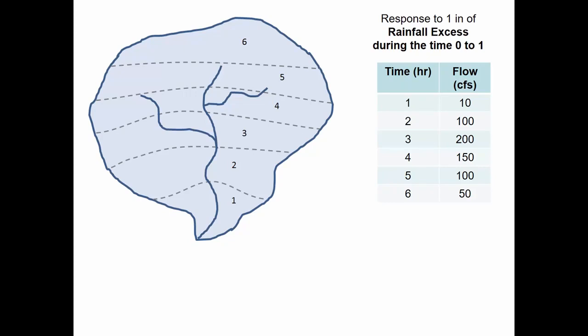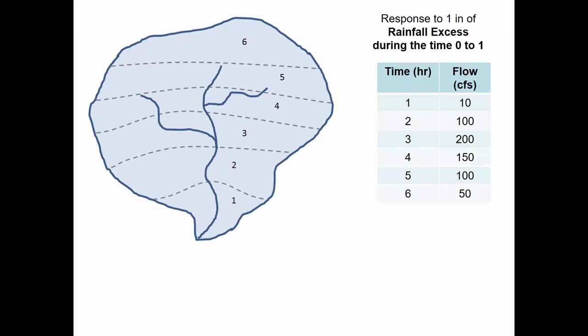If we were thinking about doing a graph of the hyetograph and the hydrograph, just briefly, it would look like this. During hour 1, there is 1 inch of water. So here's time 0, 1, 2, 3, 4, 5, and so on. So it goes 10, 100, 200.